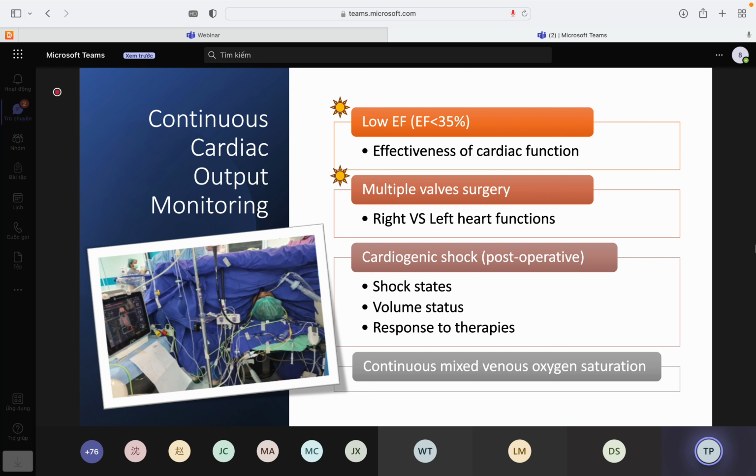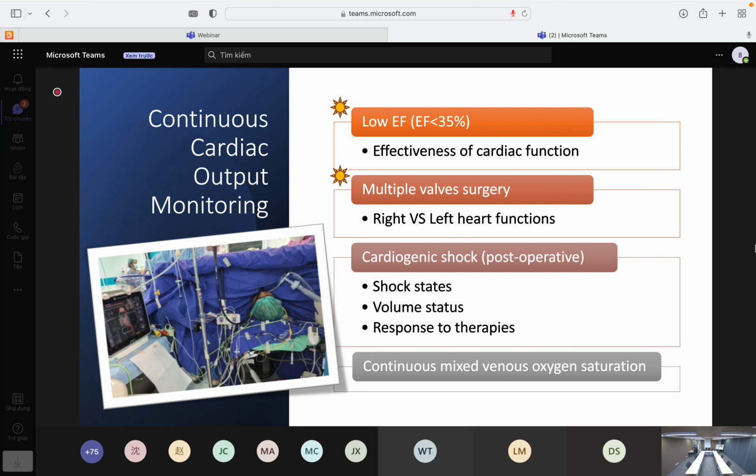Moreover, when we find complicated cardiogenic shock, especially refractory shock with high inotropic or vasopressor dosage, or the patients received an intra-aortic balloon pump or other cardiac assist device, we use the monitoring to indicate states of shock by using preload assessment and fluid responsiveness, guiding patients' volume status and response to therapies.